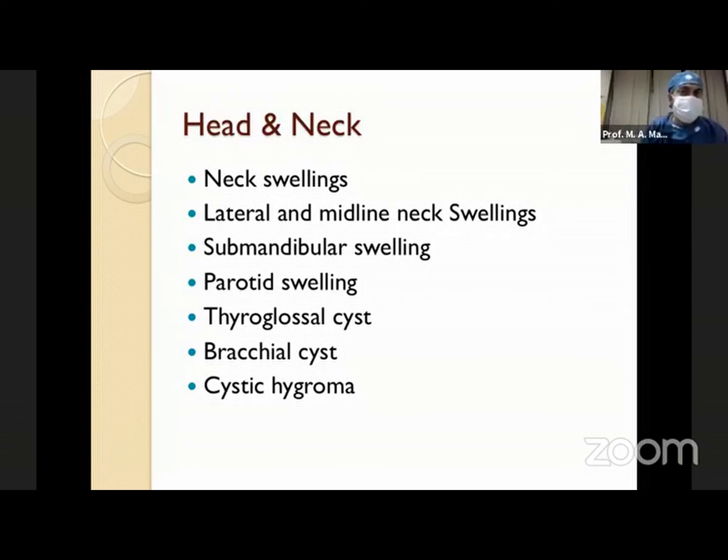One is tuberculosis, in our country, TB lymph node. Number 2 is lymphoma, and number 3 is metastatic lymph node. Sometimes you can also go for excision biopsy of the lymph nodes. So that is the investigation protocol for any swelling.